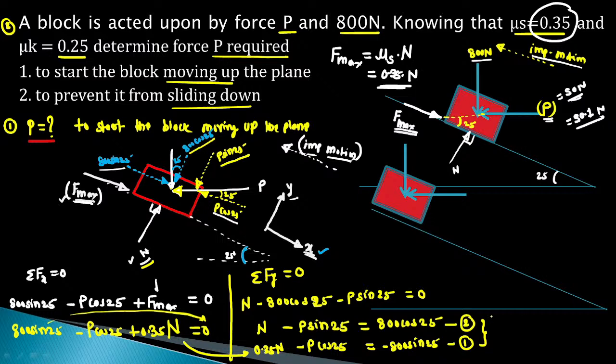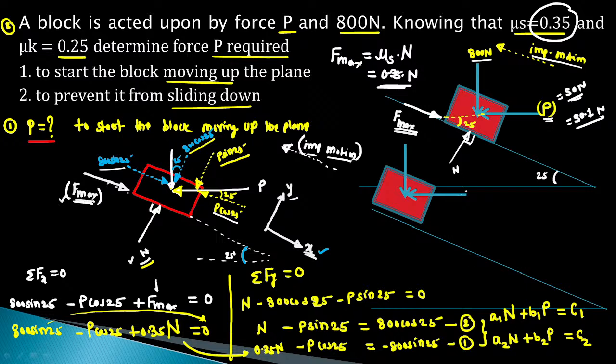So, I will write here the constant A1 into normal reaction, plus the constant B1 into force P, equal to a constant C1. Second is A2 into normal reaction plus B2 into force P equal to constant C2.